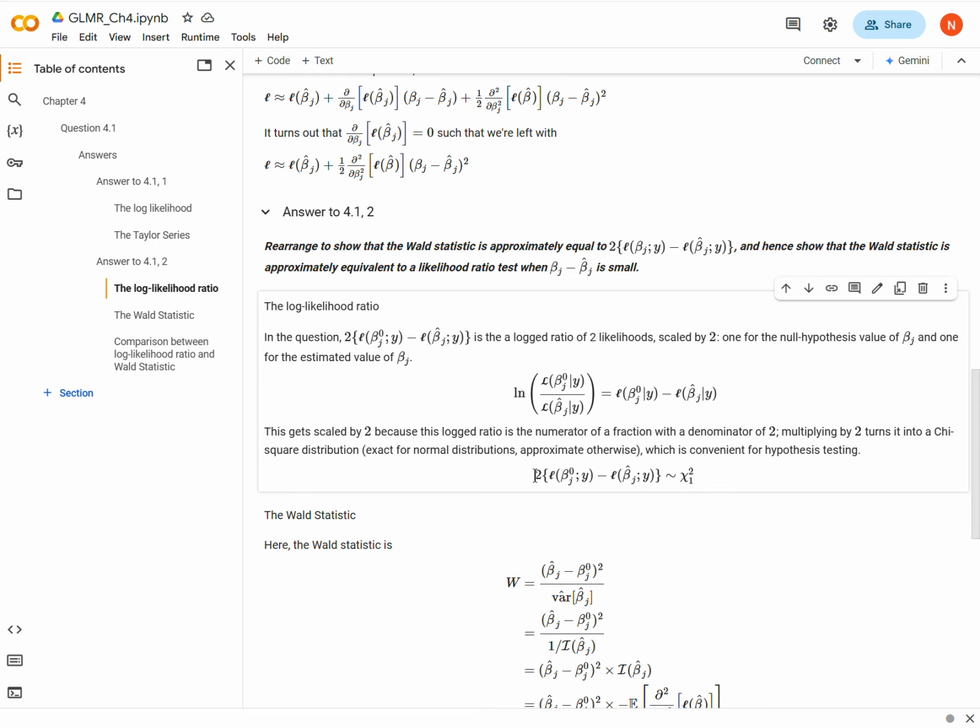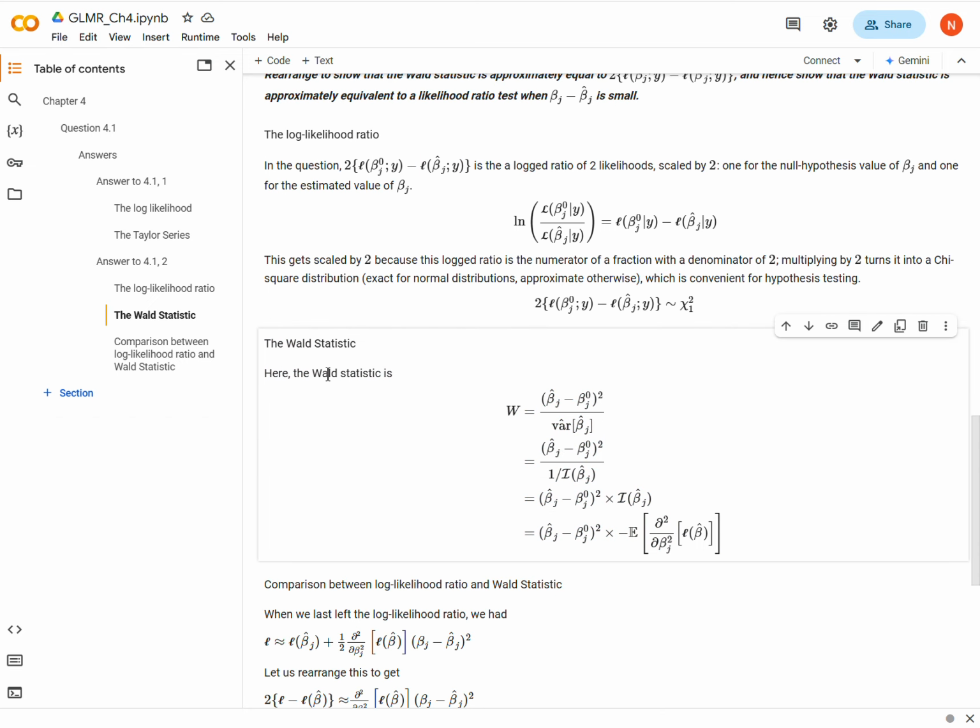So we multiply it by 2 and we get a chi-squared distribution. When we multiply the log likelihood ratio by 2, we're applying the log likelihood ratio test because we can compare that to a chi-squared distribution.